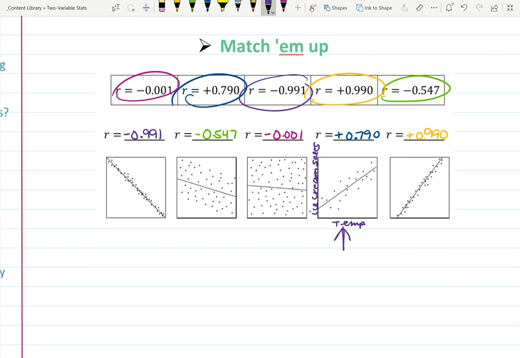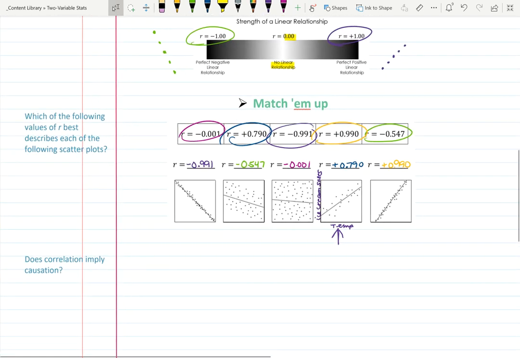Is that a causal relationship? Does smoking cause lung cancer? Yes. Hopefully that clarified things. Just because there is correlation, it does not imply causation. There can be correlation, but one thing doesn't necessarily cause the other. So that is one thing to think about when you're looking at real world examples of these.